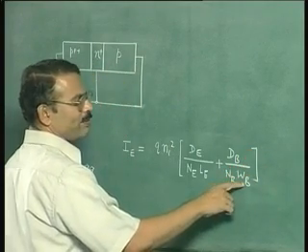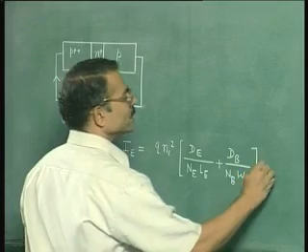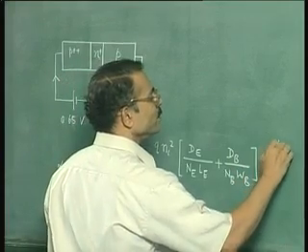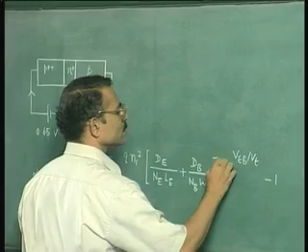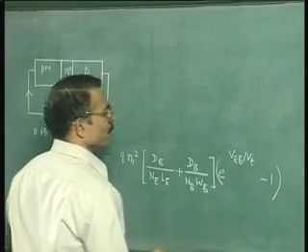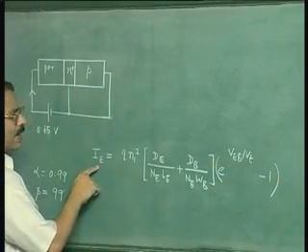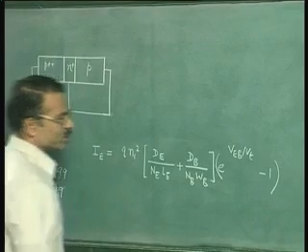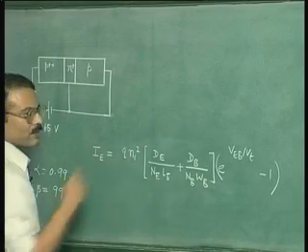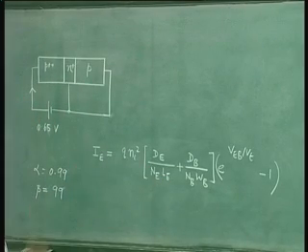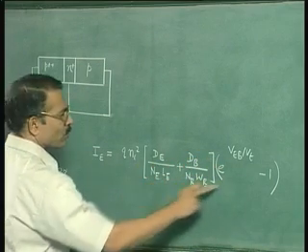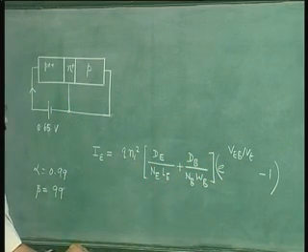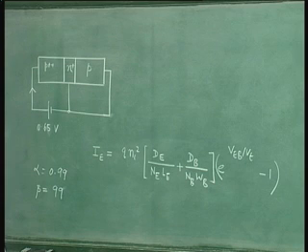For the base you have WB, this into exponential of VEB by VT minus 1. This is the relation between emitter current and the emitter base voltage. Okay, this we know from the p-n junction theory and we have written it down earlier. Now you can substitute the various quantities here as we have done earlier while finding out the alpha and beta.